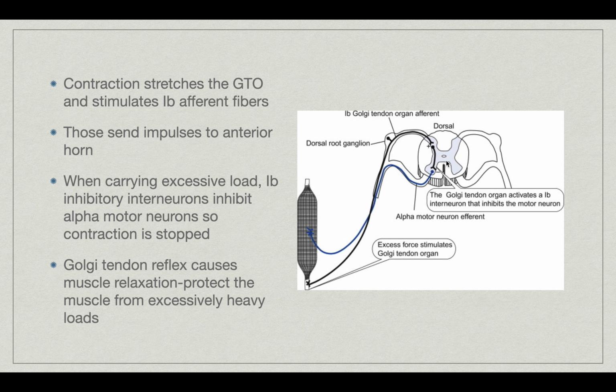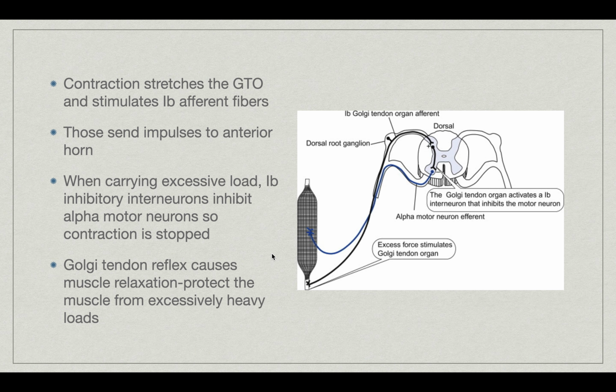So if we're carrying an excessive load, the 1B inhibitory interneurons will inhibit the alpha motor neurons, so the contraction is stopped. It's called the Golgi tendon reflex, and it causes the muscle to relax and protect the muscle from using excessively heavy loads.